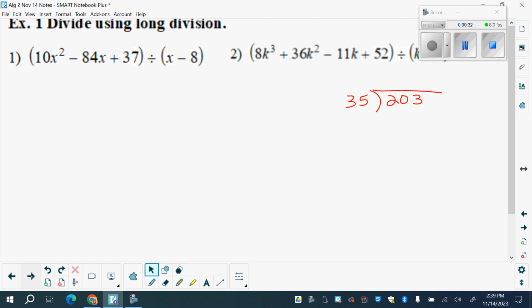You know what, I'm going to change that to 403. We're going to change it to 35 into 403. Where do I start?